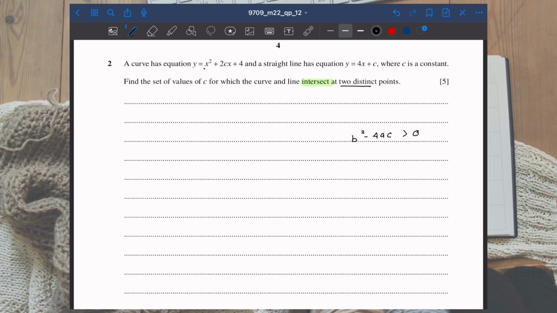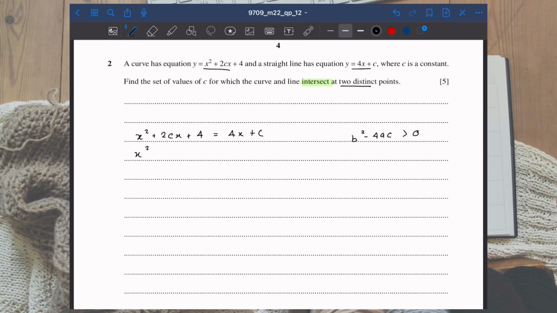So first step is equate your two given equations. So x squared plus 2cx plus 4 equals 4x plus c. Now rearrange the equation so that one side will equal 0.